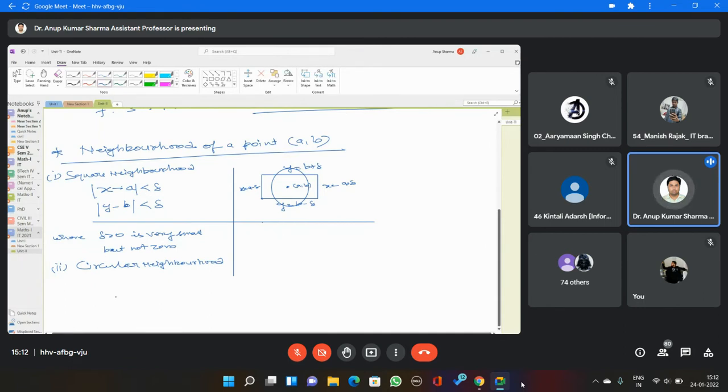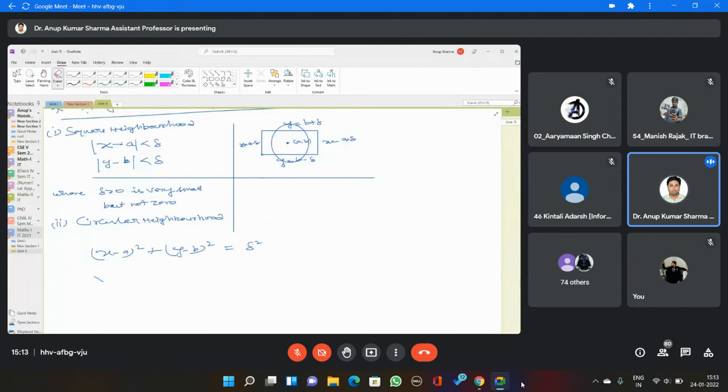In the circle case, we know the equation of a circle: x minus a whole square plus y minus b whole square is equal to delta square. Delta is the radius, which is very small. That is not defining the neighborhood.